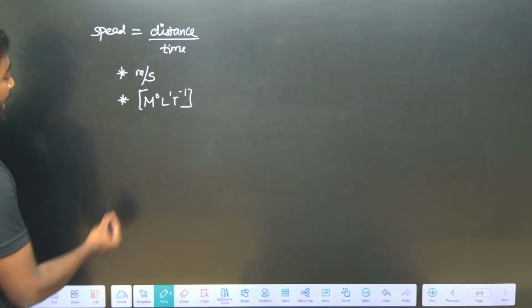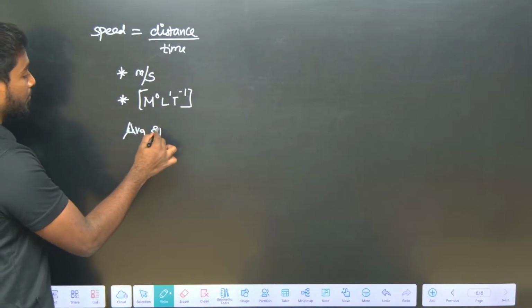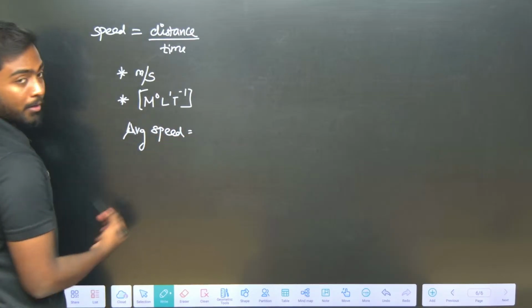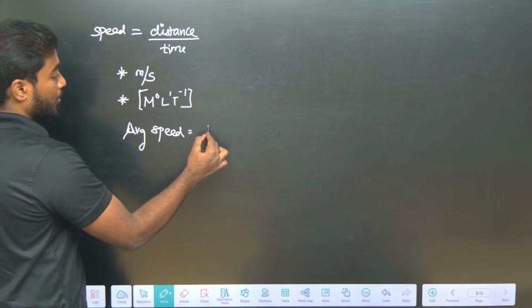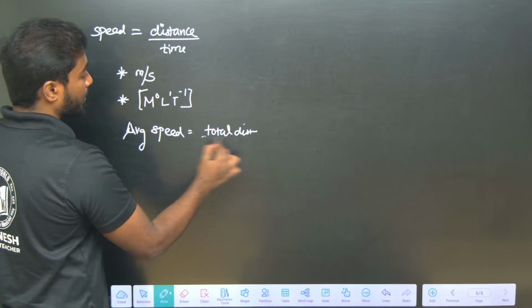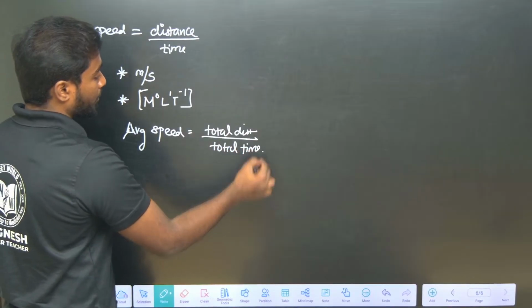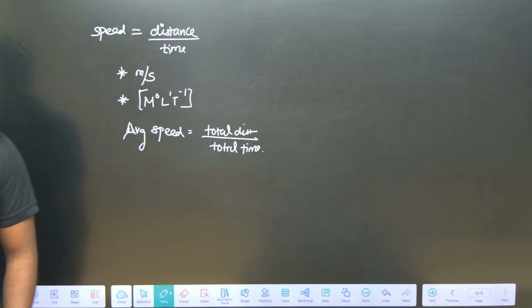Okay, then average speed is nothing but total distance by total time. Okay, total distance by total time.